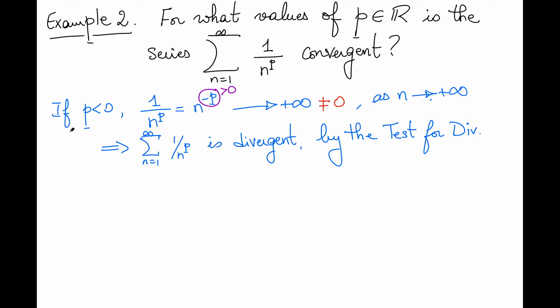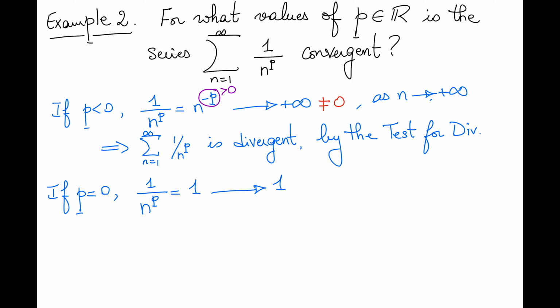Okay. If p now is 0, what happens? If p is 0, then we're talking about a series where each term is 1, right? So 1 over n^p becomes 1. Correct? And certainly this doesn't go to 0.